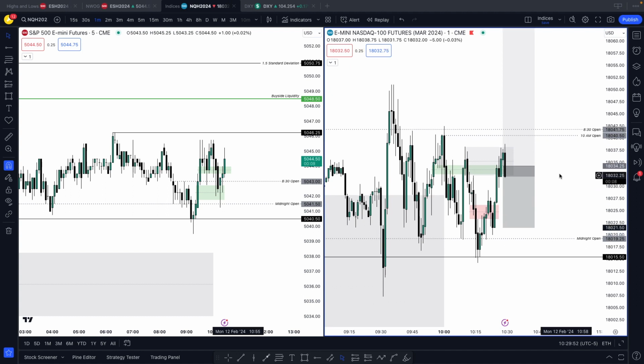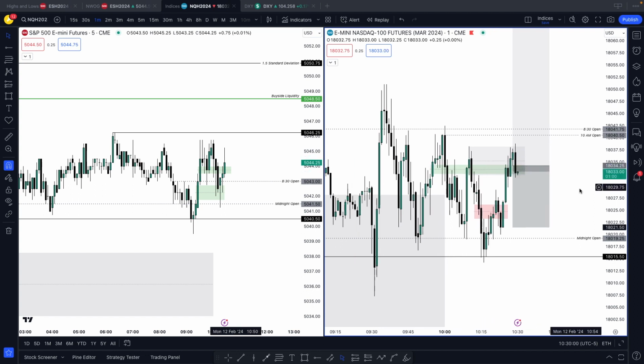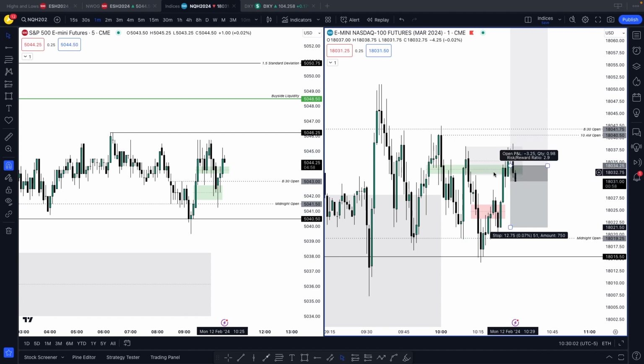Okay, and like I said, we want to be watching to see, does order flow continue to show bullish signs, or are we going back against it? So it's still closing inside the inefficiency there. We want to see where this candle closes.